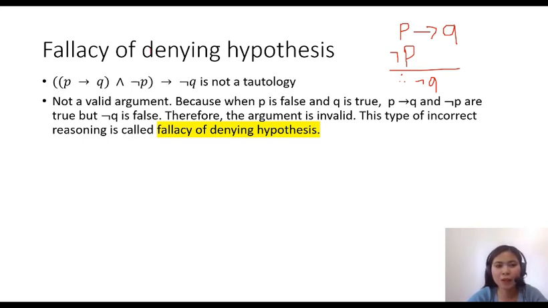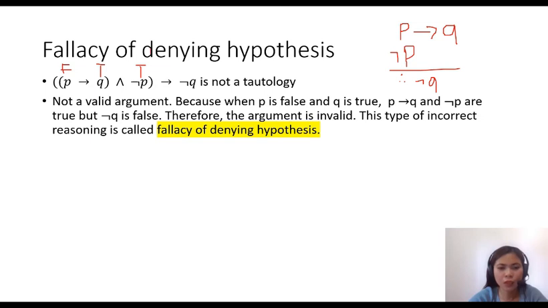So, this is the form of the fallacy of denying the hypothesis. It seems like parang valid siya. Seems like parang modus tollens siya, but it's actually not. This is not a valid argument. Because, accordingly, when P is false and Q is true, then P implies Q is true, and not P is true.